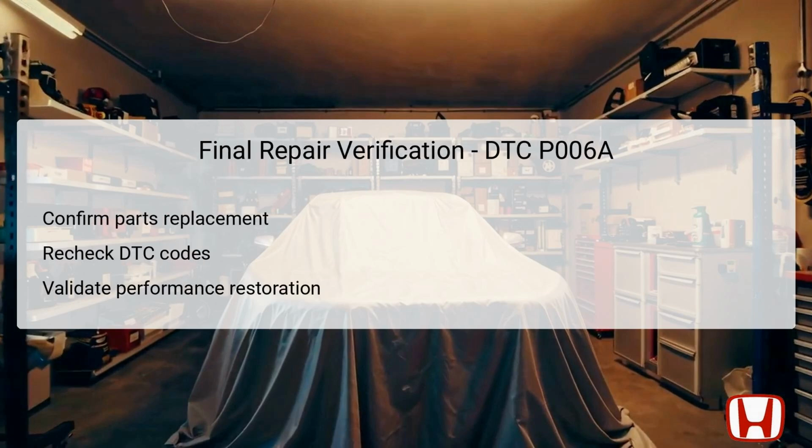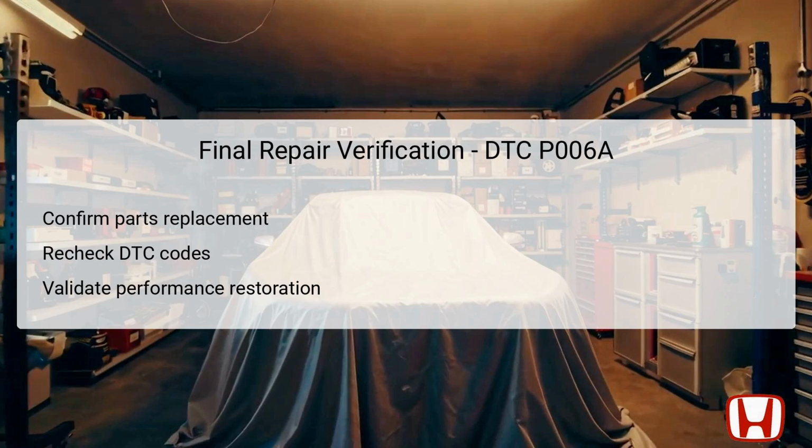Once all necessary repairs or replacements have been completed, it's crucial to perform a final verification to ensure everything is functioning correctly. Begin by confirming that all replaced or repaired components are properly installed and functional. Next, recheck the vehicle for any remaining DTCs to ensure no other codes have emerged.